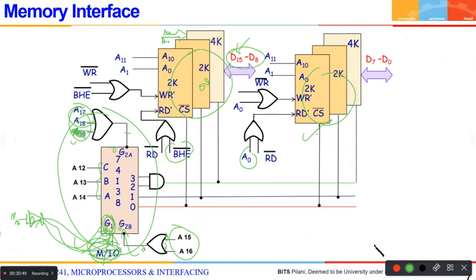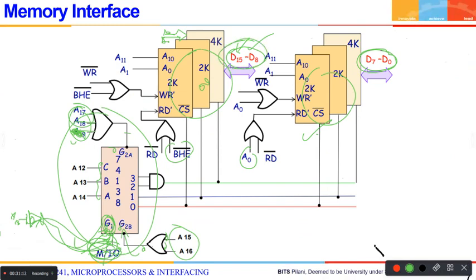I told you about this in my previous class. That's why it is going to the higher order data bus. Your all even addresses are holding the lower byte of the data, right? That's why you have the lower order data bus here. That's why for the even bank you connect D0 to D7, for the odd bank you connect D8 to D15.